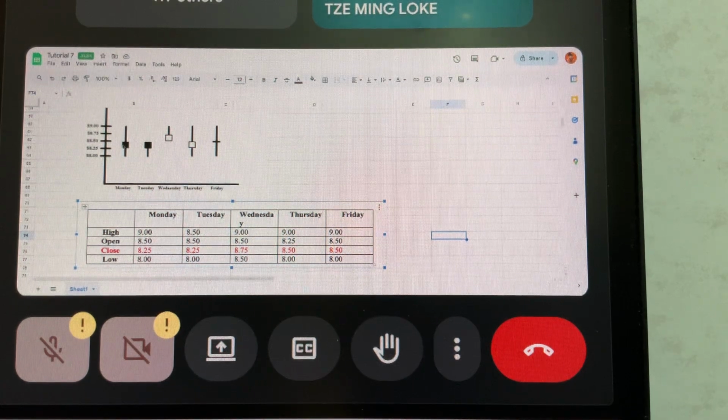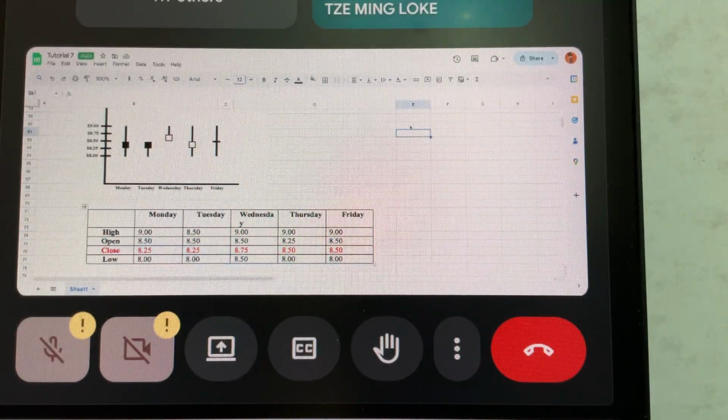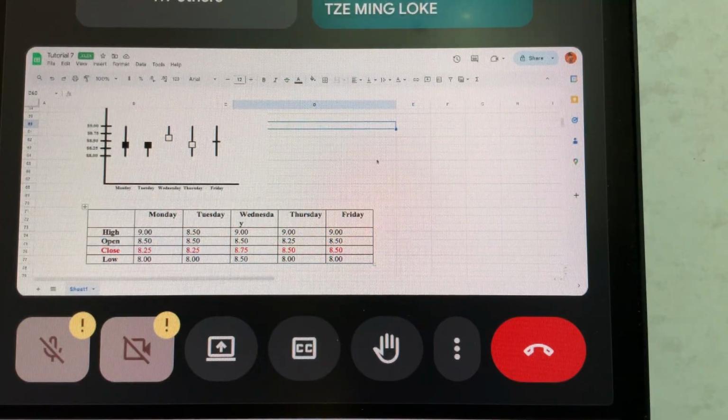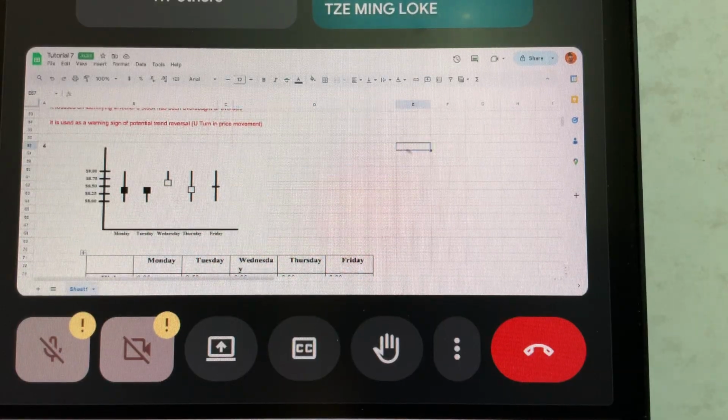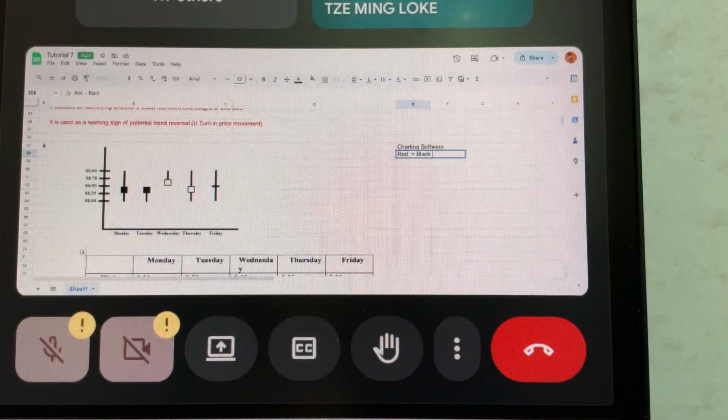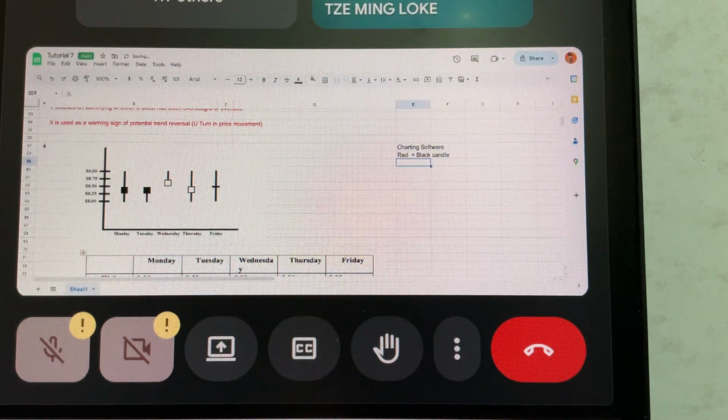Because in charting software, red is equal to the black candle, and green is equal to the so-called white candle.